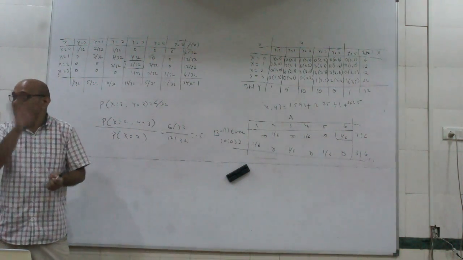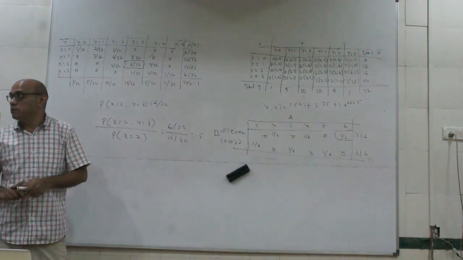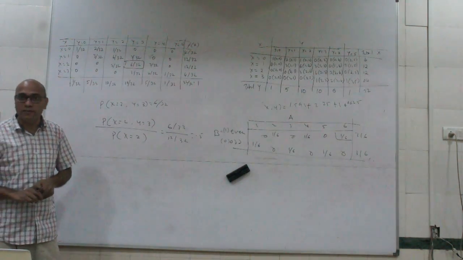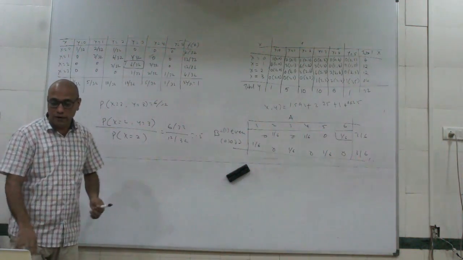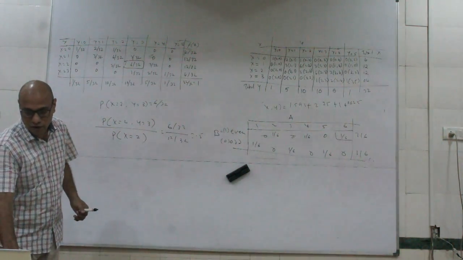So the occurrence of this event is not 6 by 32 now, because we have knowledge about one of the two components. We know what has happened to x, and since we know that, I can find out the probability of occurrence of y.